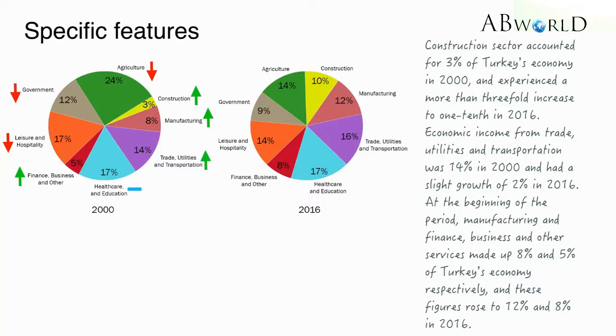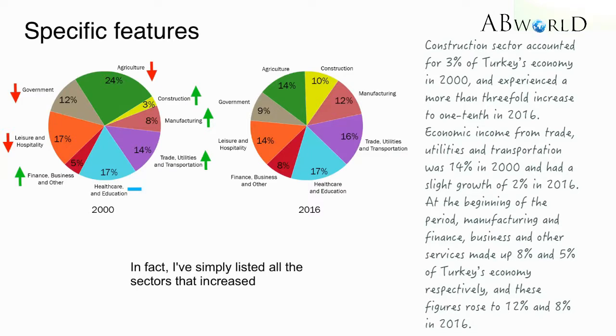Economic income from trade, utilities and transportation was 14% in 2000 and had a slight growth of 2% in 2016. At the beginning of the period, manufacturing and finance, business and other services made up 8% and 5% of Turkey's economy respectively, and these figures rose to 12% and 8% in 2016.